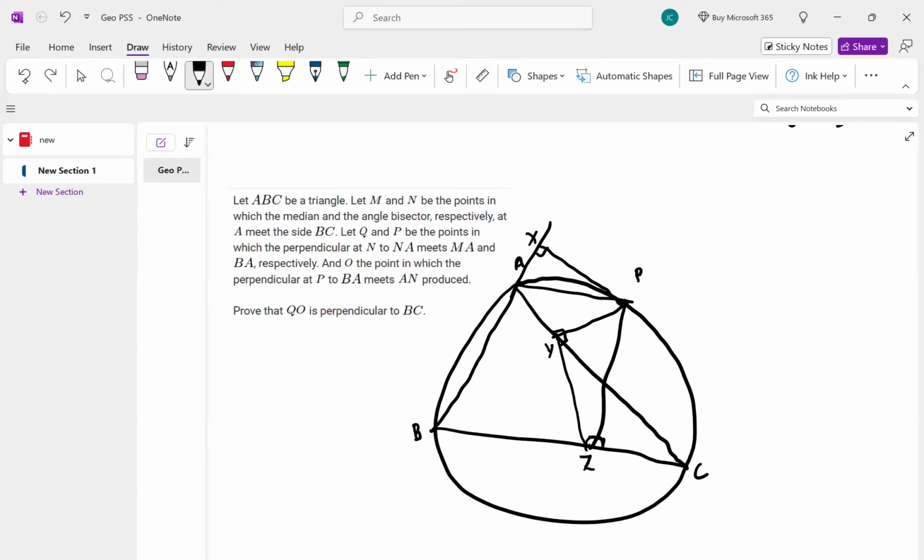So cyclic just means that the directed angles are equal. Yes, the angles are 180 minus each other in this case, but directed wise they're equal. So PYZ equals PCZ equals PCB equals PAB equals PAX equals PYX.